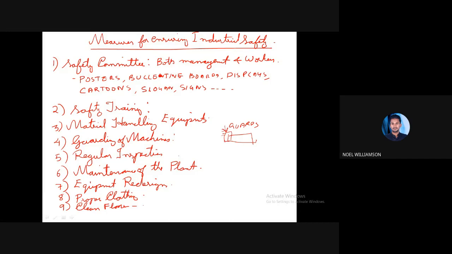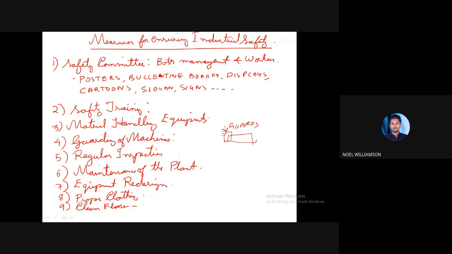Suppose if there is any electrical line or cable going, then unknowingly sometimes while the worker is walking, he may step onto that, he may slip from there and may create some hazard. So the floor should be clean or should be made free from the obstructions.